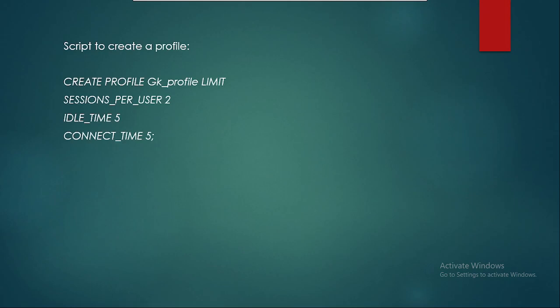Idle time is 5 minutes. Like, after 5 minutes, that user should be asked to log in again. This is the time when the user is logged out after being idle for 5 minutes. Okay, so connect time is how much time in a single session the user is connected to a database.